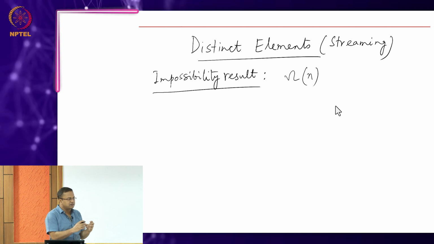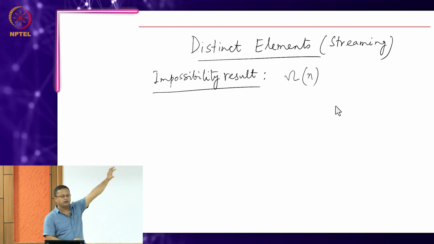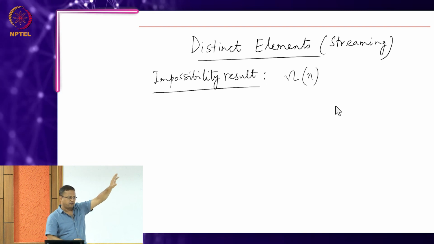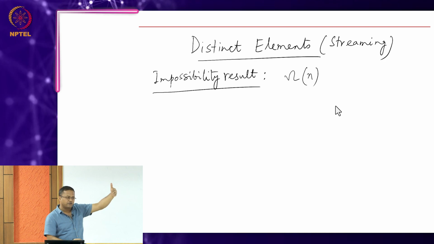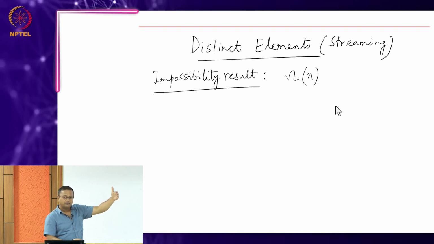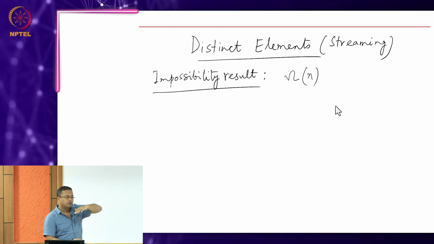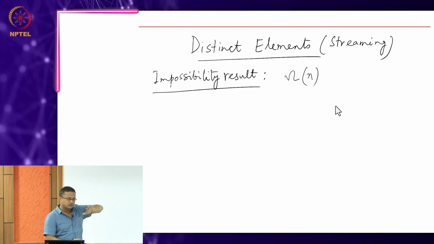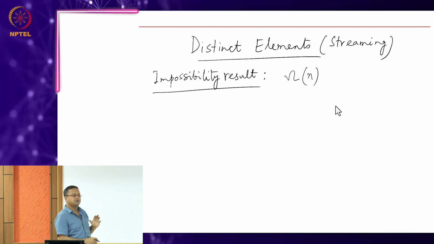The impossibility results are proved in the following way, that you get hold of a canonical problem somewhere. For streaming mostly, mind you, the lower bound, yesterday I was talking of a sorting lower bound, right. So, that was a lower bound on time. In here the lower bound is a space lower bound. It is kind of a different lower bound, but the idea of reductions remains the same.